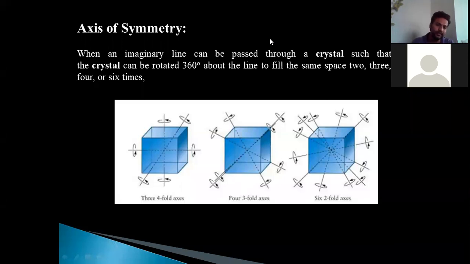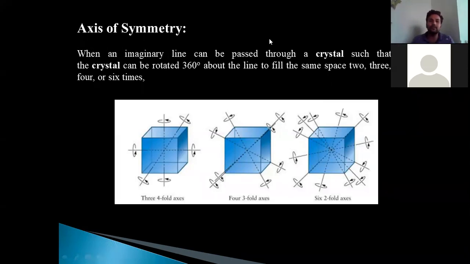If you rotate that cube along that axis, a referred face, whichever face you choose, will repeat itself a minimum of twice. It can repeat more than twice: thrice, 4 times, or 6 times. Accordingly, their names have been designated as two-fold axis, three-fold axis, four-fold axis, and six-fold axis.